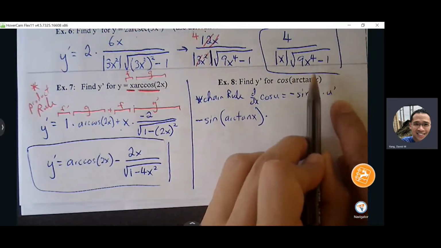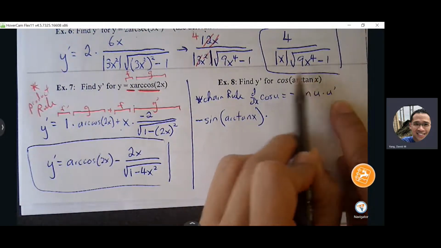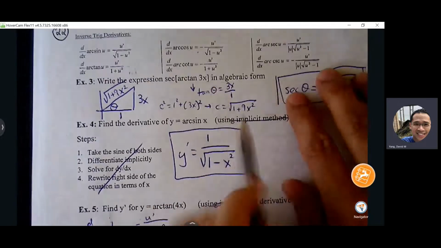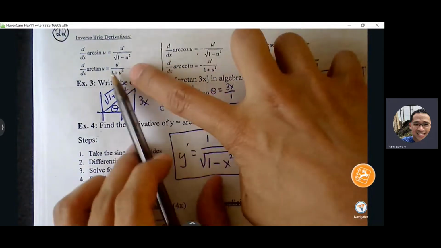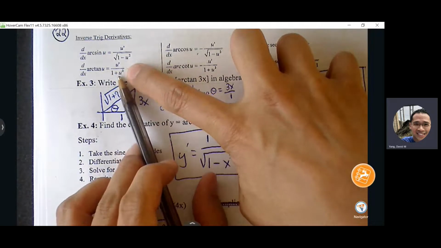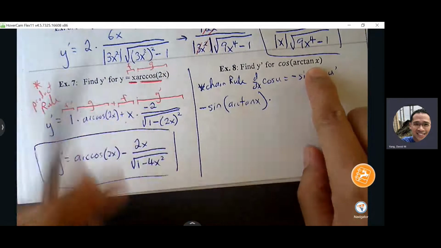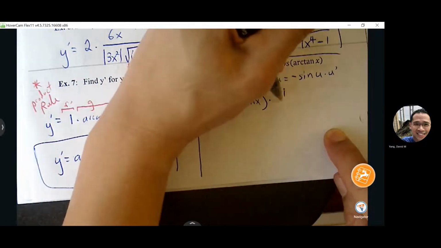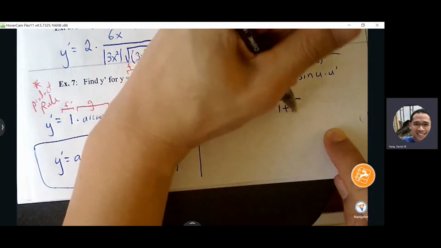So u prime is where we're going to activate the derivative of arctangent of x, which is u prime over 1 plus u squared. So u prime, x becomes 1, over 1 plus u squared, 1 plus x squared.